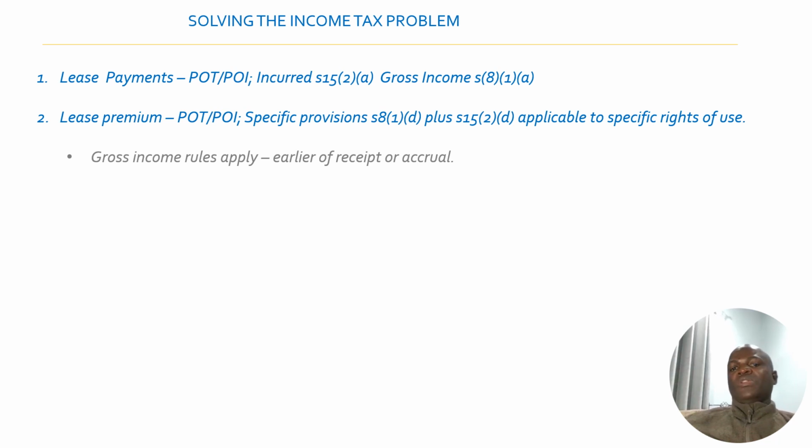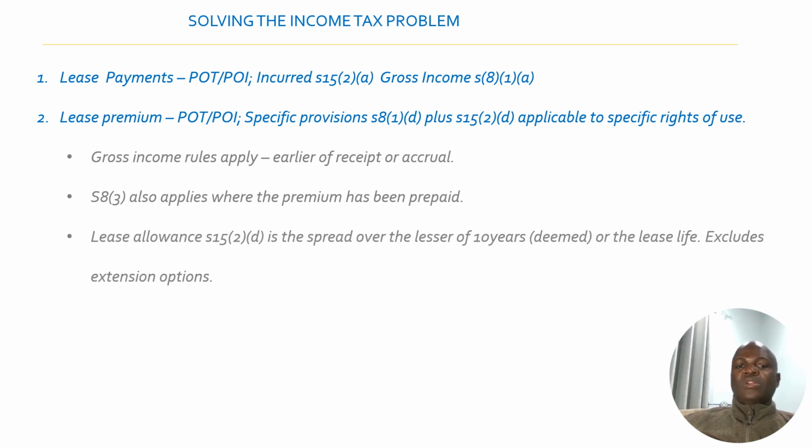You could have an amount issue. You could be looking at source. But at the end of the day, what is very important is to recognize that a premium is included in gross income. Section 8.3 still applies if the premium has been prepaid, and we need to match it to the period to which the premium relates. That is when we'll put it into gross income.